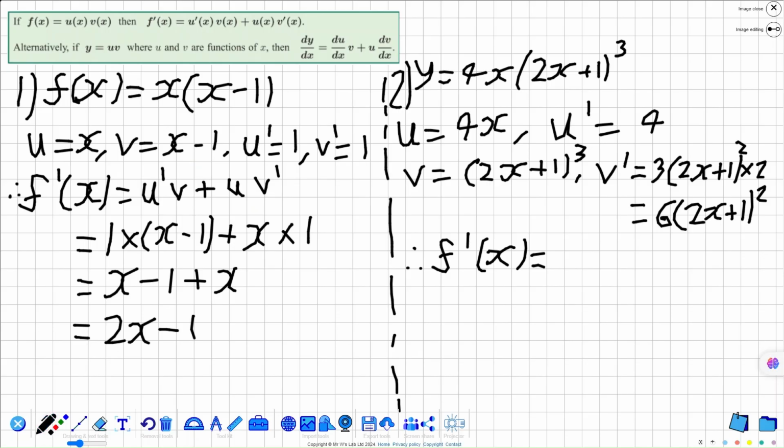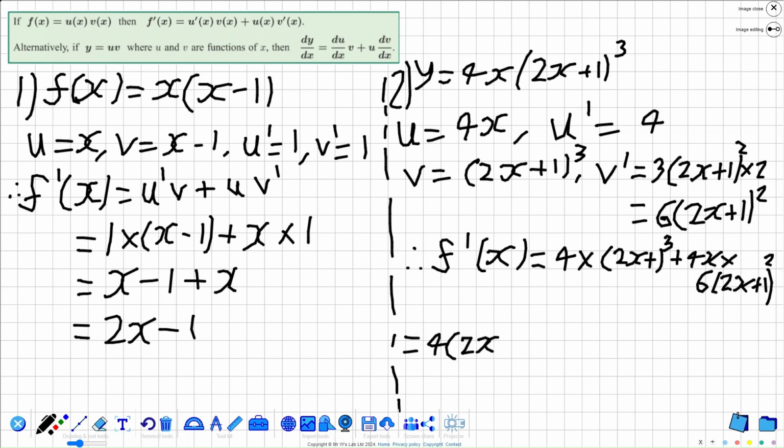But if you want to include everything that's great to include, we'll say that equals, so we got u dash 4 times by v, so 2x plus 1 to the power of 3 plus, and we've got u, so 4x times by 6 2x plus 1 to the power of 2, which equals 4 times 2x plus 1 to the power of 3 plus, and this will become 24x in brackets 2x plus 1 to the power of 2.